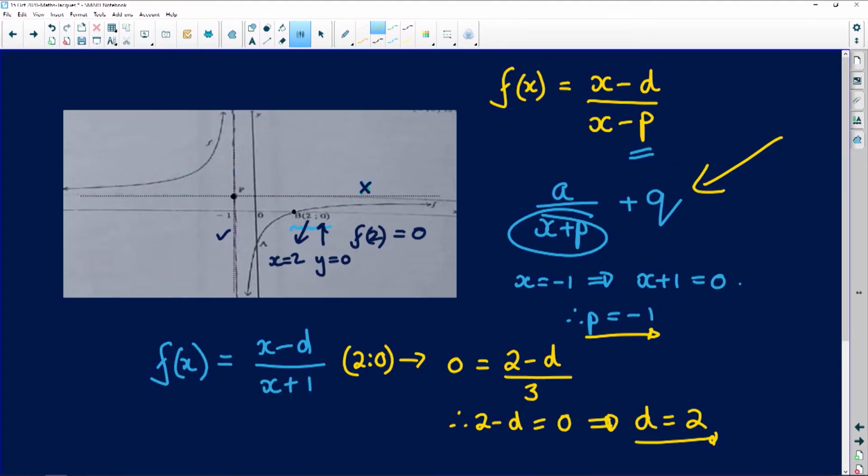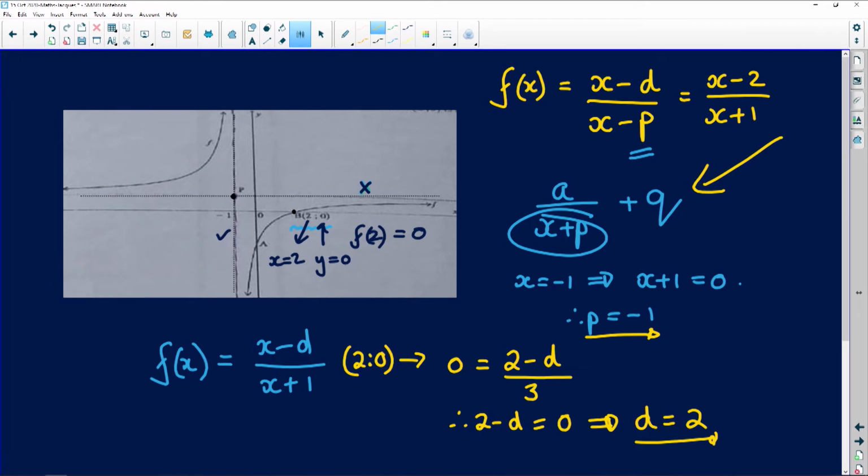Now the nice question, this question I loved. They say to us, show that this takes on a particular value. In other words, we need to rewrite this thing here so that it looks like that. Now remember, we just got d. So we know that this is x minus 2, and in the denominator we have x plus 1.